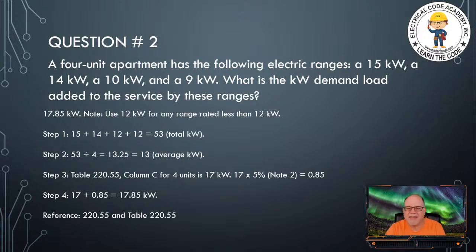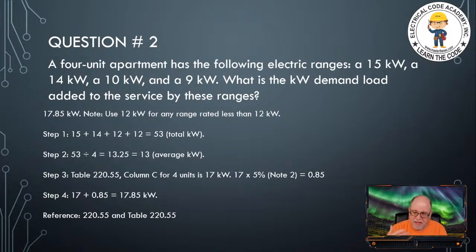We just did that exercise so we can find out what percentage we have to use. So we take that 17 and multiply that by 5%. So 5% of 17 is 0.85. Now there's another way to do this. You could go 17 times 105% because the 100% represents the 17 and the 5% represents the 5% of that 17. Either way you want to do it, it comes out to the same value.